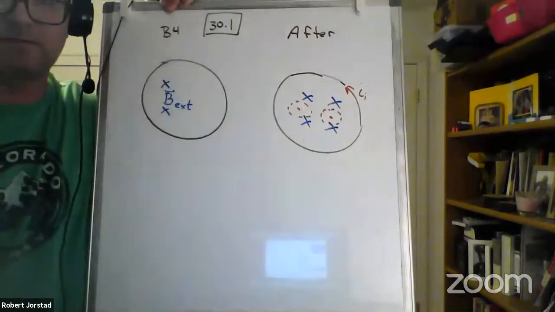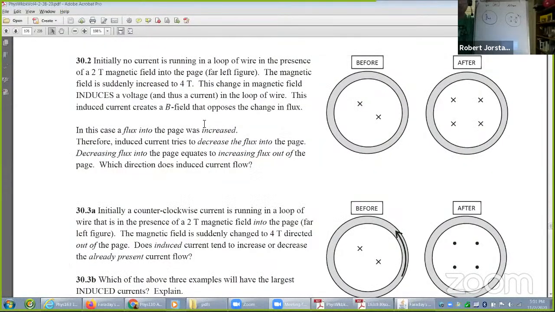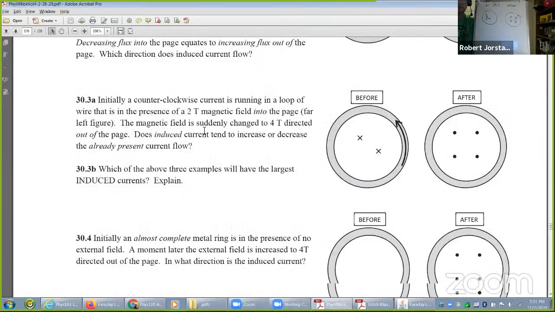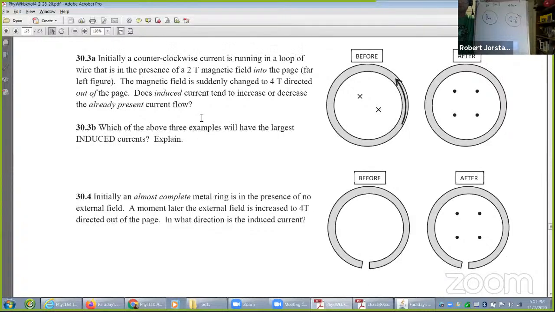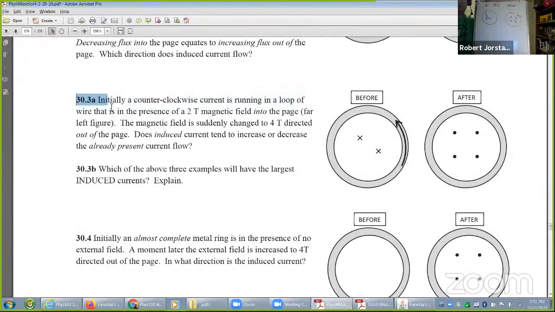Let's go to the next one. So this one, 30.3. I'm just going to get it marked up. Now we're starting to get a little trickier. So we have 2 X's. That's B external.